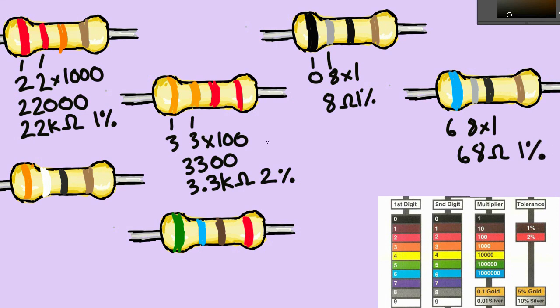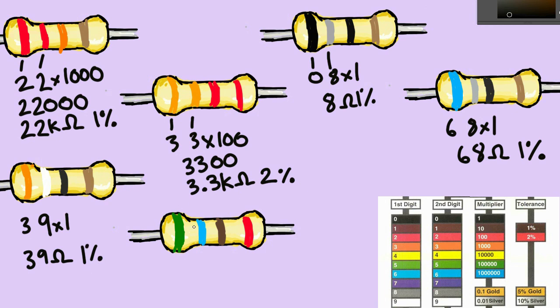So we've got 2 left. Let's have a look at these quickly. Here we've got orange, which is a 3. We've got white, which is a 9. And then we're multiplying it by 1. So we get 39 ohms. And we've got a brown tolerance, so we've got 1%.